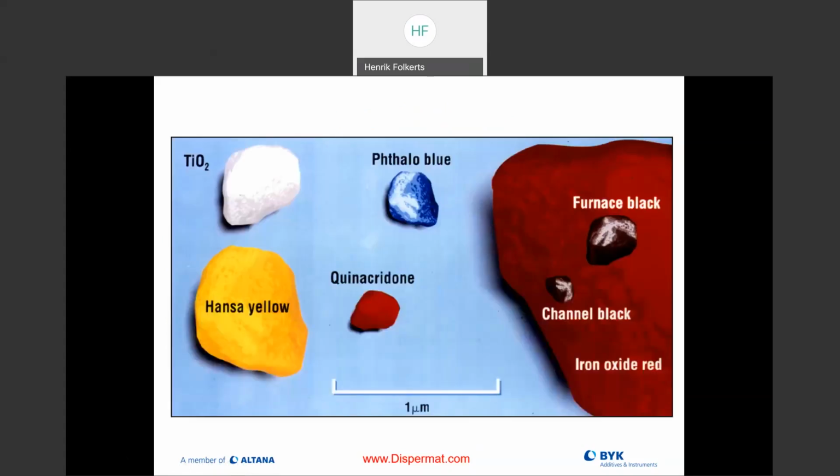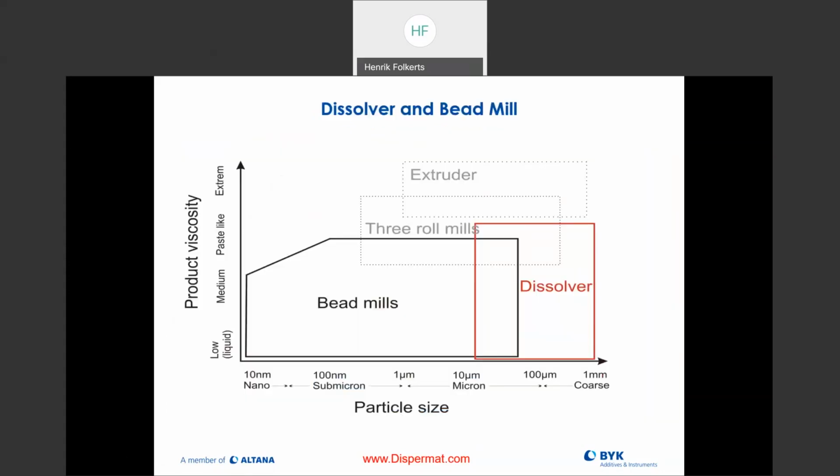to achieve that. So then we have this slide showing you exactly the limitations of the dissolver and when we would need to start the milling process. So the dissolver is our first step in the whole dispersion process.